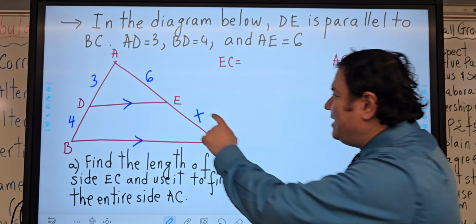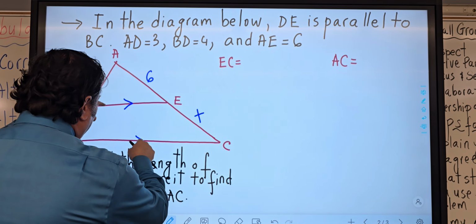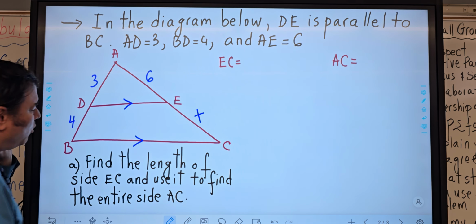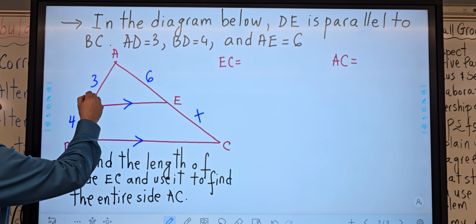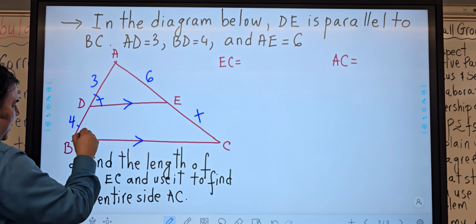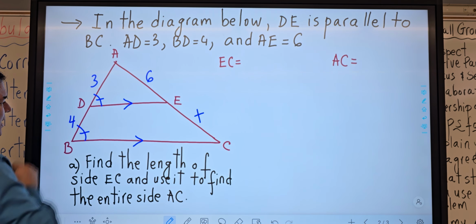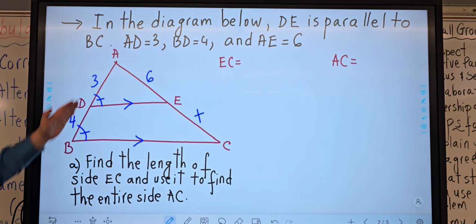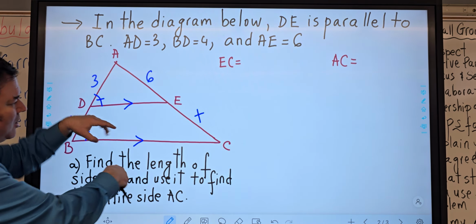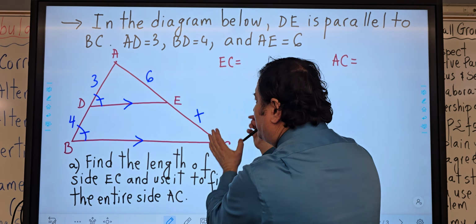Again, since this line and this line are parallel, we are going to have this angle and this angle congruent. These are corresponding angles because this side is the transversal of these parallel lines. And on the other side, the same thing.